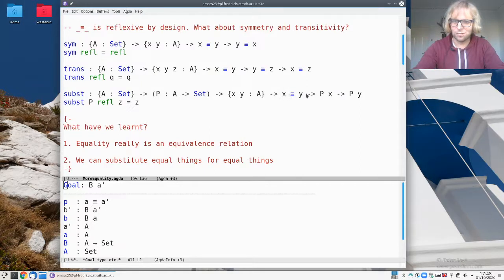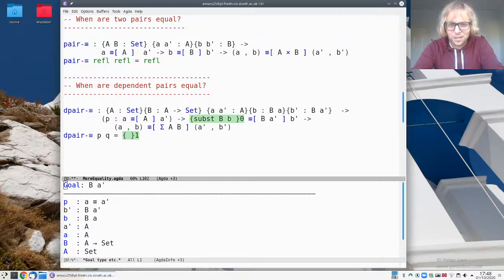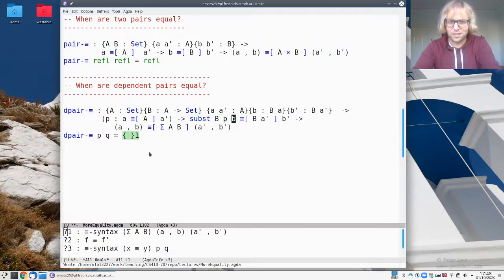It's saying that I have a proof that x equals y, and I have something in b of x, then I should get something in b of y. So here, if I subst in b using the proof p, then I get something which lives in the right type. So it's a little bit more complicated just to state it, but at least now we have a candidate.